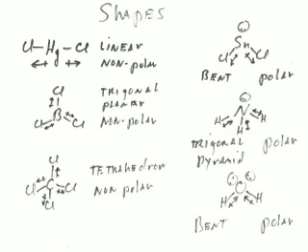And so once again we get a polar molecule. In the carbon tetrachloride, the four bonding pairs get as far apart as possible. We end up with a tetrahedral shape, and the dipoles again all point away from each other and all cancel out. Which brings us back to the water, which also has four pairs of electrons around the oxygen. But in this case, two of them are lone pairs.